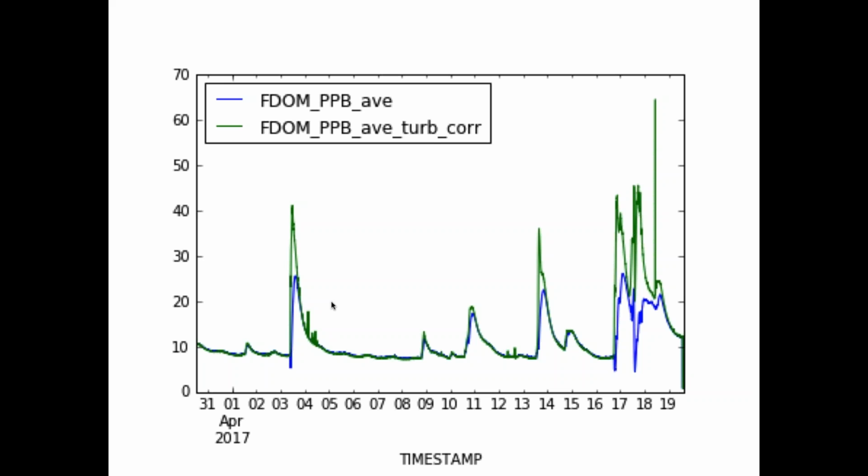But we're also trying to get DOC, and we have a fluorescence sensor in the water that is a proxy for DOC, but it's highly affected by turbidity, so we have to correct for it. So the blue line here is the raw value, and the green line is after our turbidity correction. I have a few more slides on that later on. I meant to put this with them, but I might get into that if there's time.